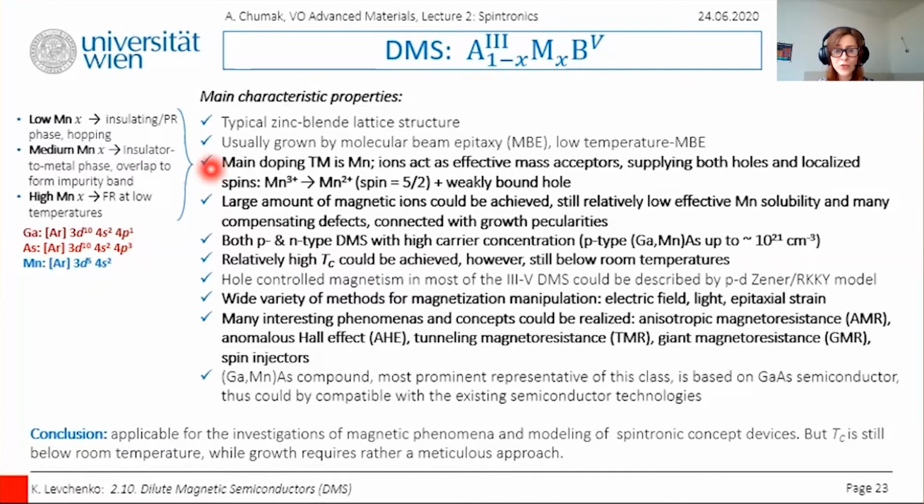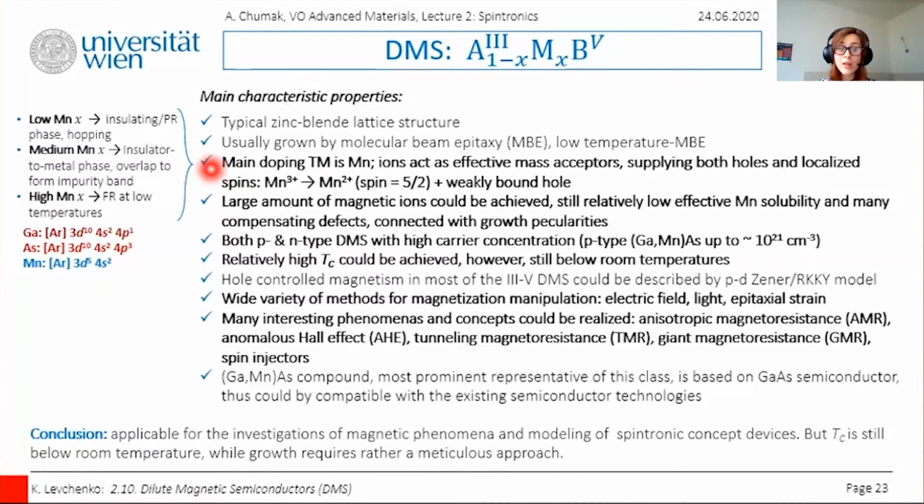The phenomena observed are also of special interest for spintronics, like giant magnetoresistance, tunneling magnetoresistance, various kinds of Hall effect, and spin injectors were possible to create on the basis of these III-V dilute magnetic semiconductors. And one of the most prominent features, of course, from the practical point of view, is that it's based on gallium arsenide, which we well described several slides earlier.